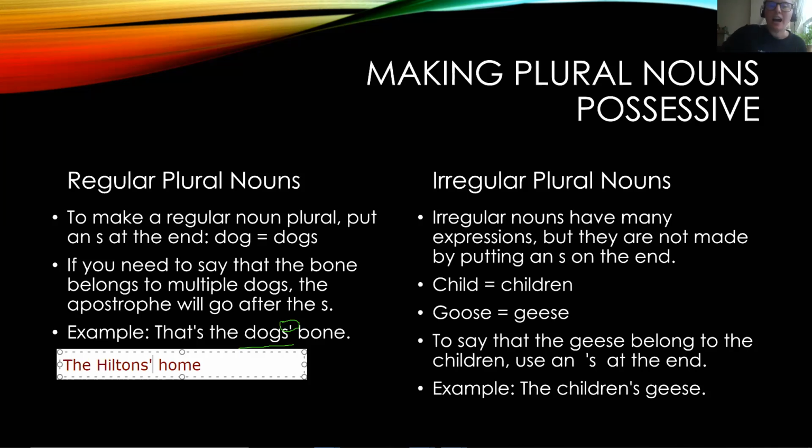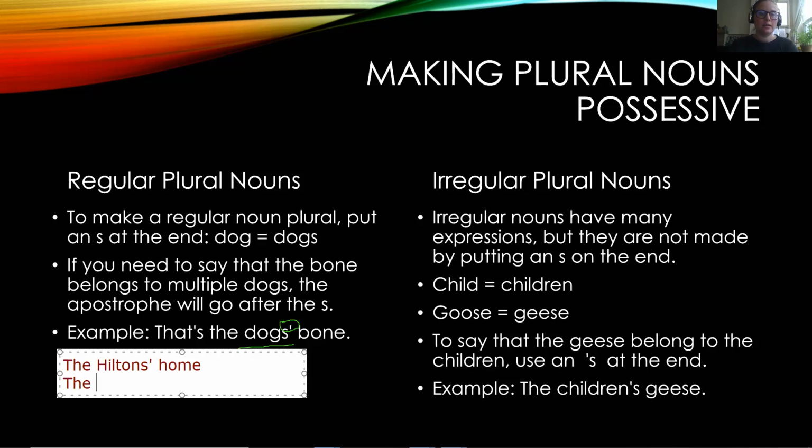Correct? Yes. With people's names, it can be confusing because sometimes we'll say the Hilton family's home. And the word family is a collective noun that refers to every single member of that family, right? But it's just one noun and it's considered singular in that form.